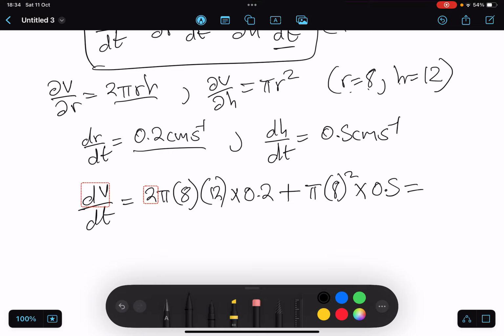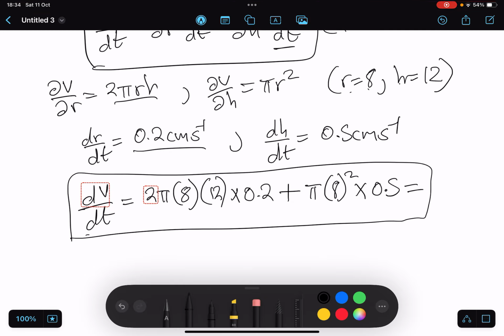So you're just going to work this out to find the rate of change of the volume. So this is the common application for partial derivatives, especially for the rate of change. When they ask you about geometry, you need to know geometric figures, you need to know the volume, the surface areas, you need to know how to find the areas of different geometric shapes.